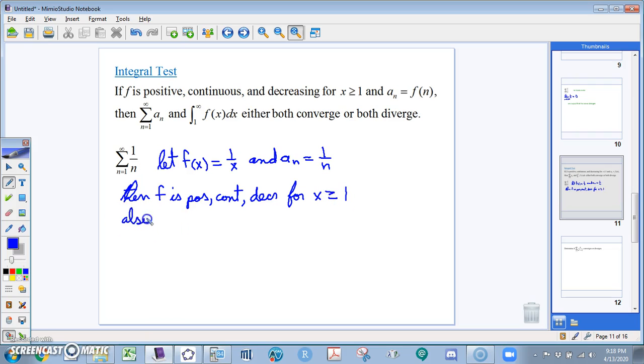Also, it turns out that f of n, if I plug in any natural number to this function, is going to give me the same thing as the sequence formula, a sub n. And furthermore, let's find the improper integral from 1 to infinity of f of x dx.